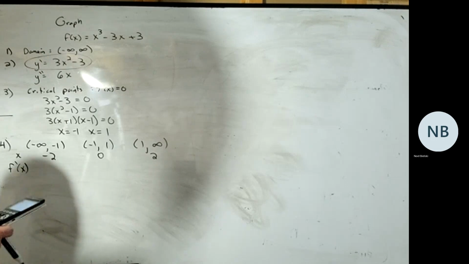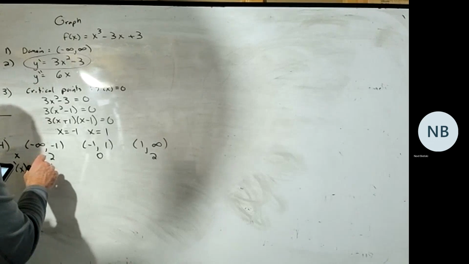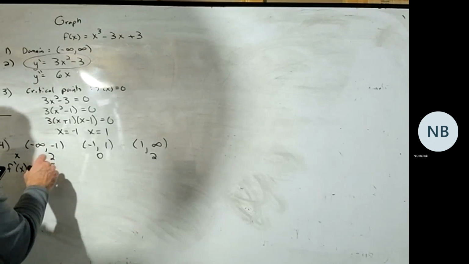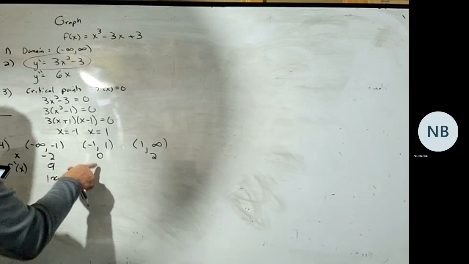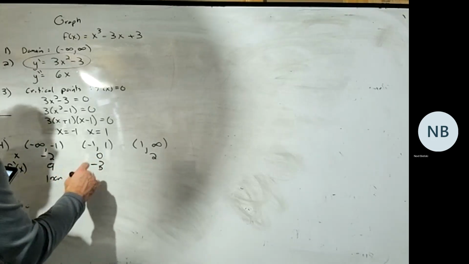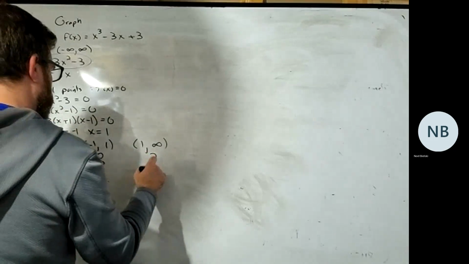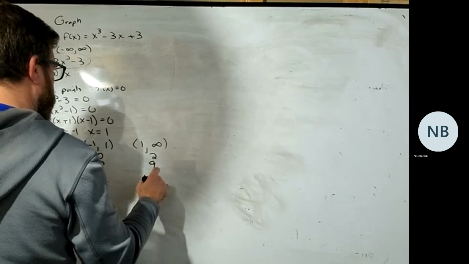Then we can plug in these values: negative 2, 0, 2. For negative 2 I get positive 9, therefore this is going to be increasing. At 0, I get a negative 3, so since it's a negative number, it's decreasing. And 2 gives us a positive 9.